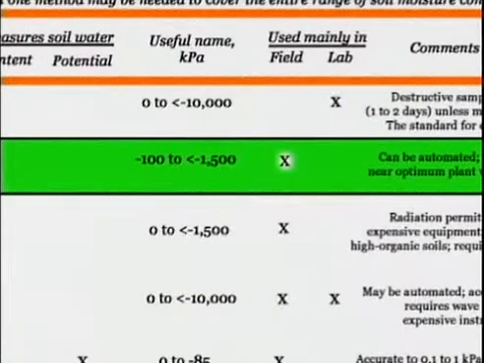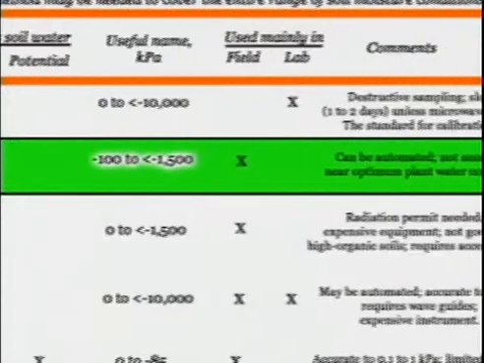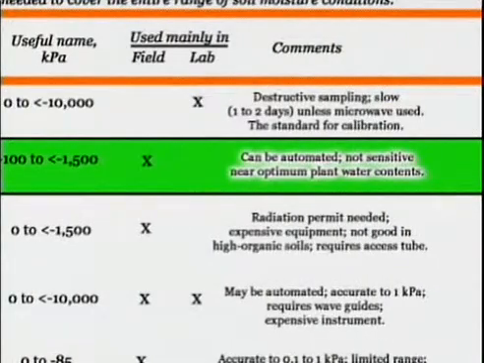Their range is given here in terms of values. Can be automated, not sensitive near optimum plant water contents. Resistance blocks, also oftentimes referred to as gypsum blocks, are utilized somewhat in the field, but in more recent years have oftentimes been replaced by newer techniques of soil moisture monitoring.